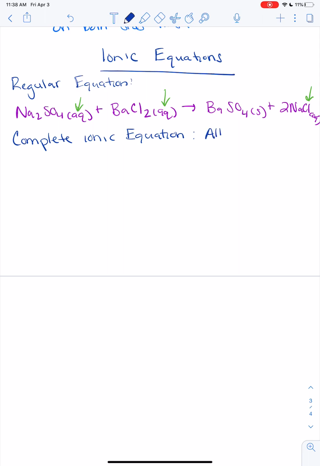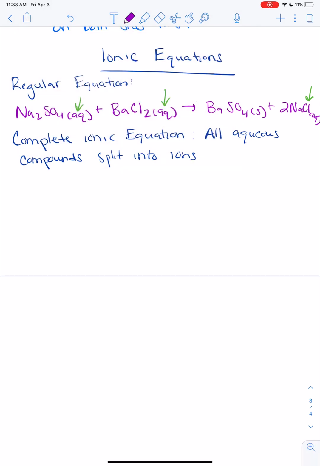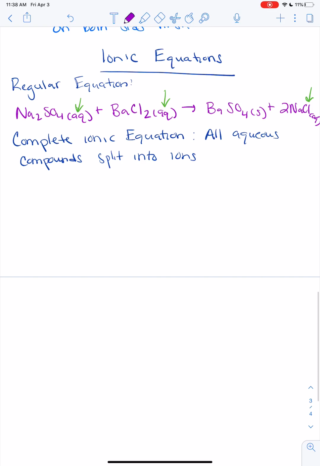And all the aqueous compounds split into ions. Okay, so here, first our sodium ion, we remember sodium is +1, and there are 2 of them. So I'm going to put 2Na plus 1, plus.